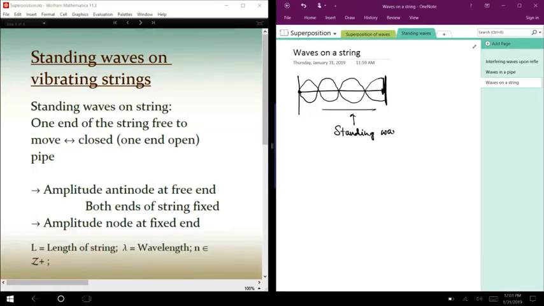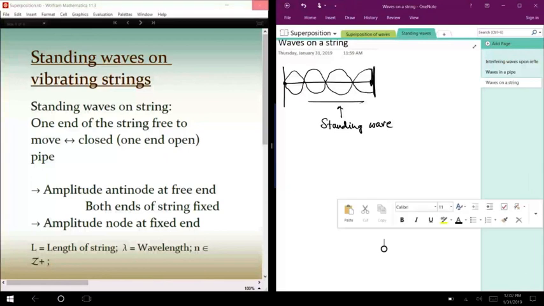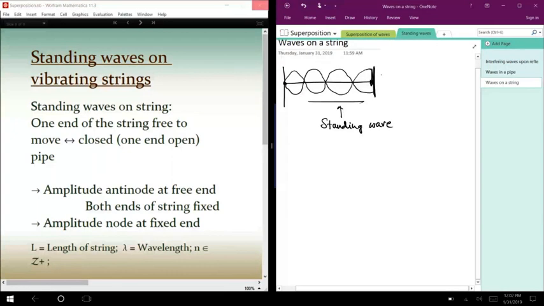Now with this standing wave, again, the frequency cannot be just anything. It's restricted, just like when we discussed our pipes, the frequency was restricted by the length of the pipe. Here, the frequency is going to be restricted by the length of the string itself. So let's think about it. In this particular picture, we have an amplitude antinode at the place where I am moving my hand vigorously up and down, right?